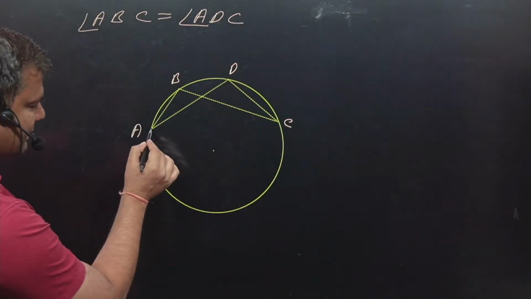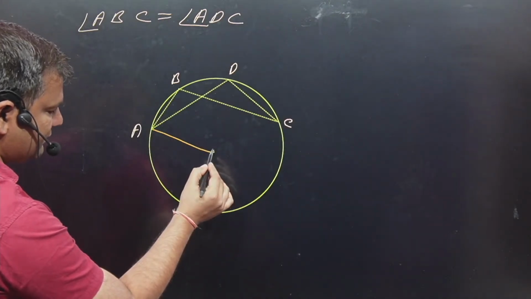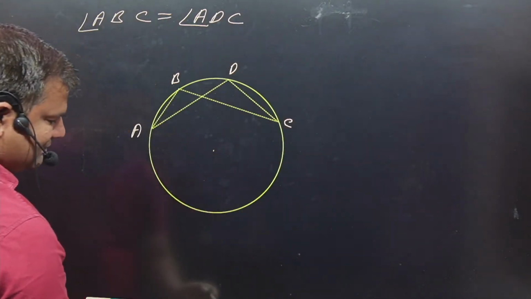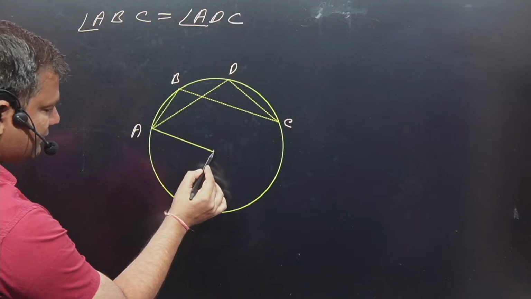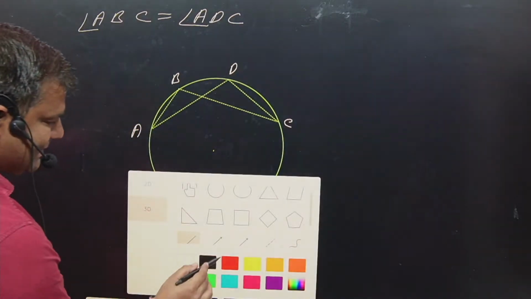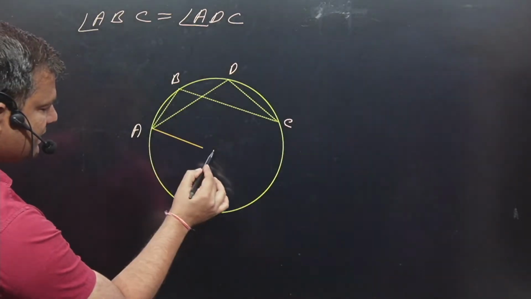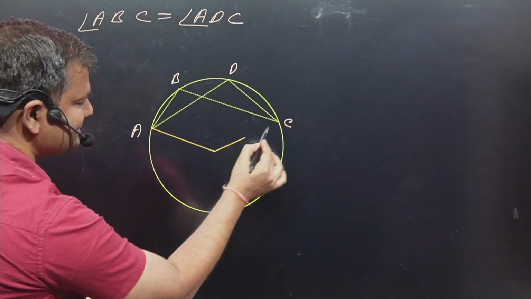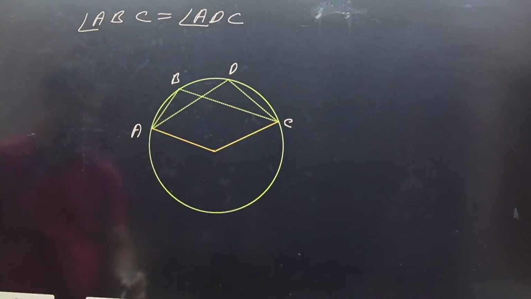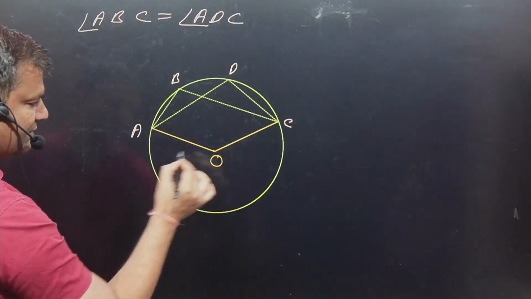If you draw a line from here to here, basically O is the center of the circle.